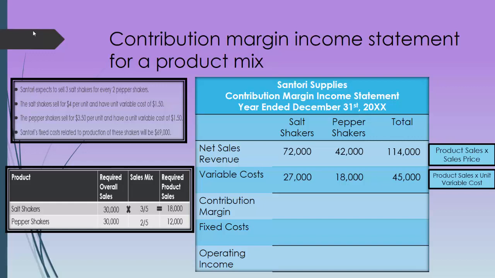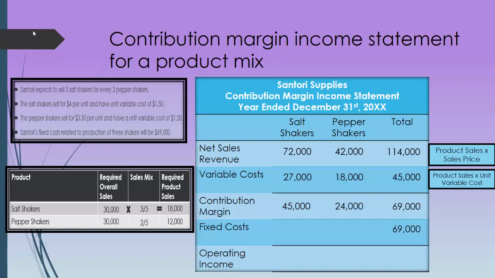Meaning our contribution margin from salt shakers is going to be $45,000, $72,000 in sales revenue minus the $27,000 in variable costs. Our contribution margin from pepper shakers is going to be $24,000, and that is going to add up to $69,000, which is convenient because our fixed costs related to production were expected to be $69,000.